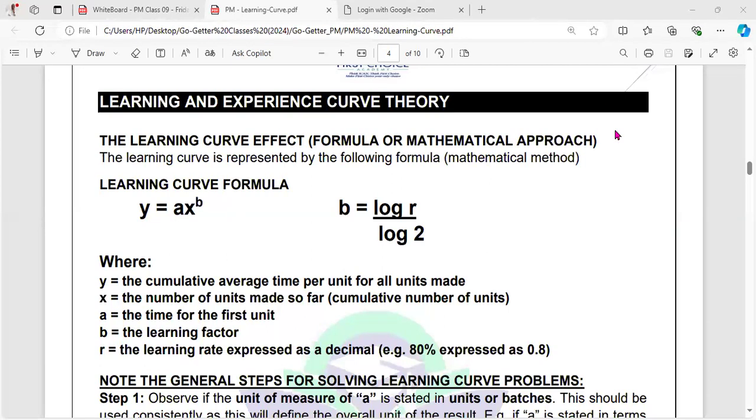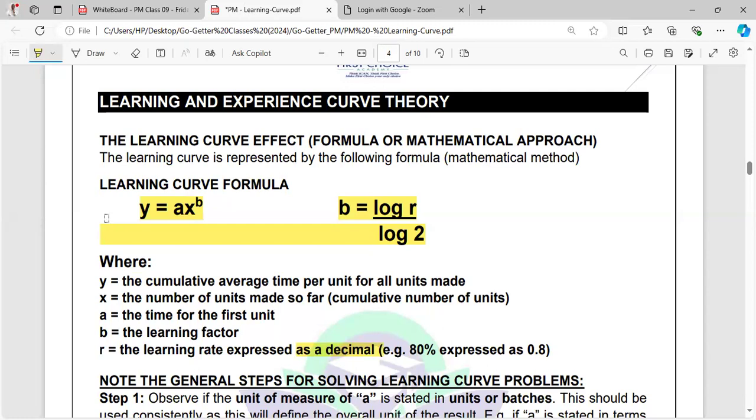We talked about the formula method, which is y equals ax raised to power b, where b is the log of r all over the log of 2. So it means here that r must be expressed as a decimal. So if you have something like 80%, you need to change it to 0.8.